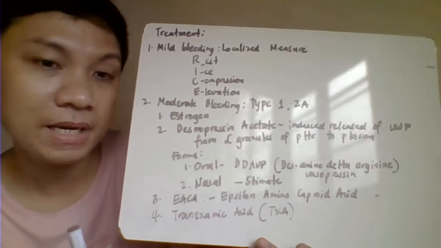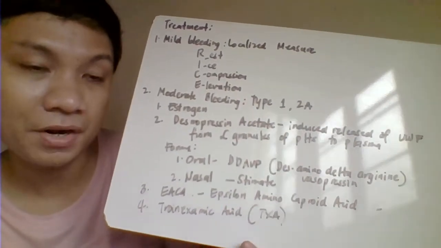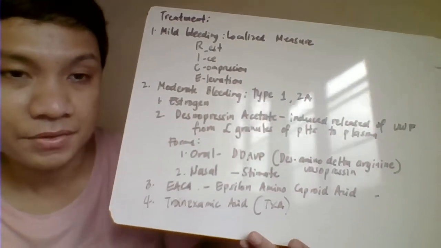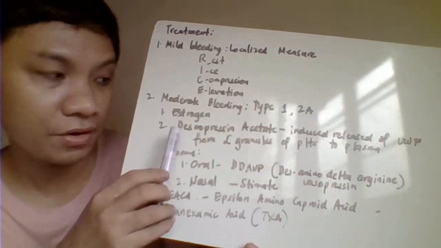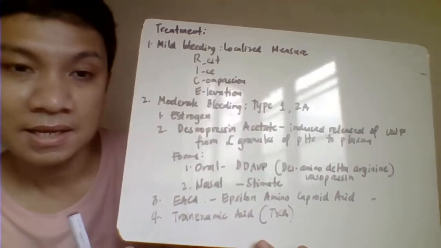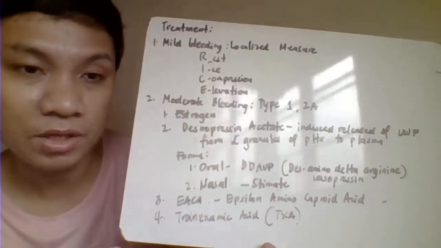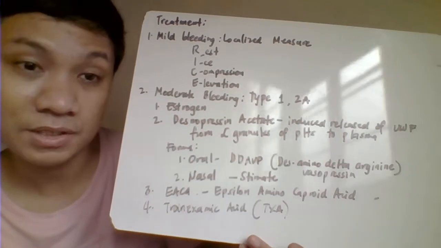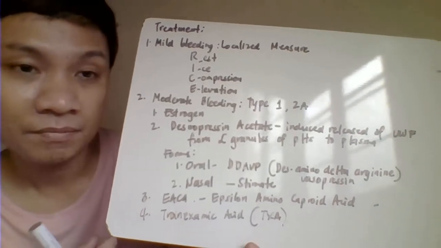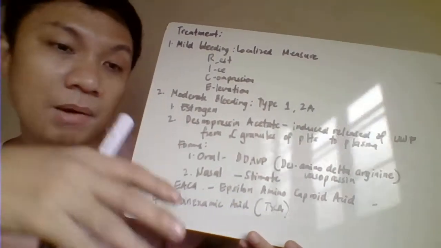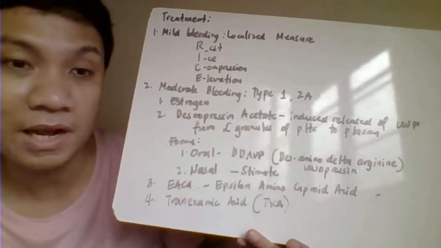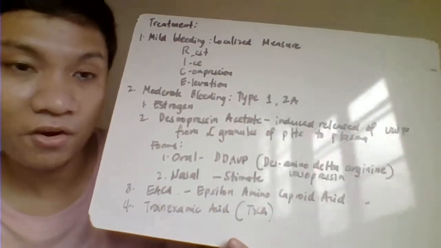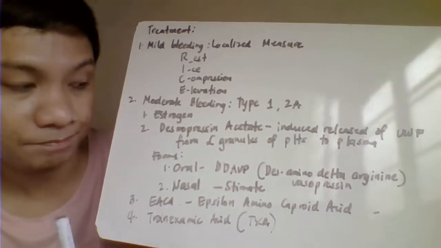Okay, for moderate bleeding on the other hand, that is applicable for your type 1 and type 2A. So you could give your estrogen, you could also give desmopressin acetate. Your desmopressin acetate tries to induce the release of your von Willebrand factor, kasi nakastore siya sa alpha granules ng platelets natin. So from there, kukunin niya para pumunta sa plasma, and therefore it would increase your von Willebrand factor concentration.